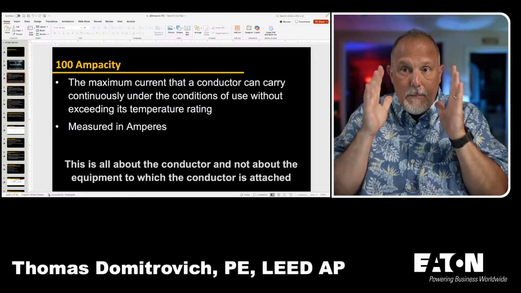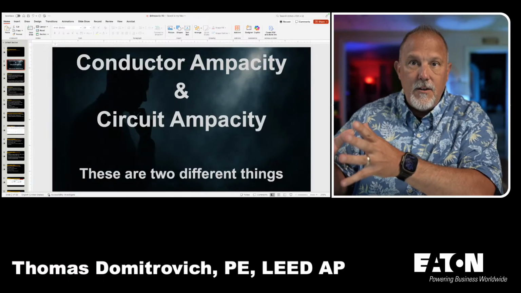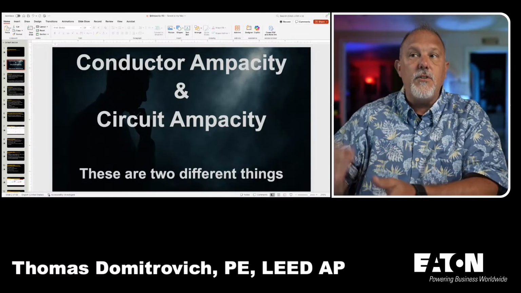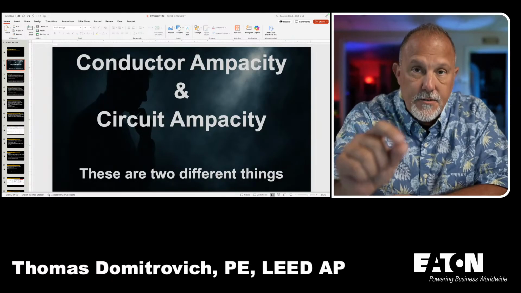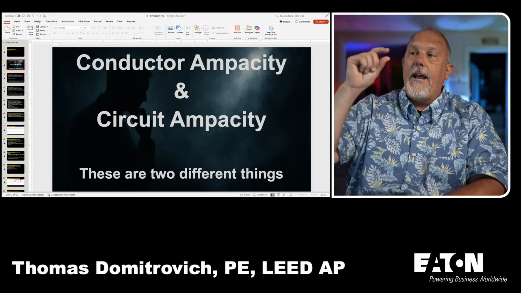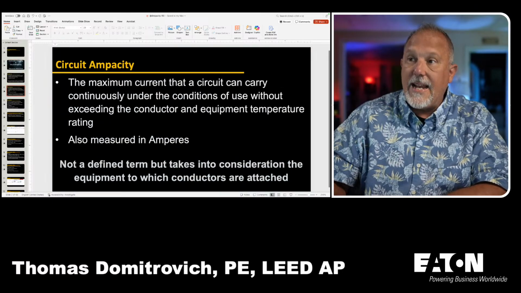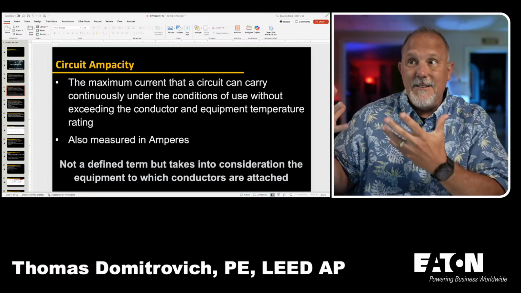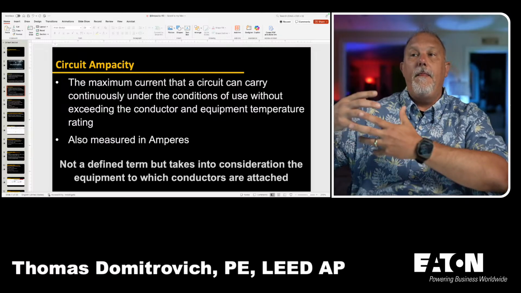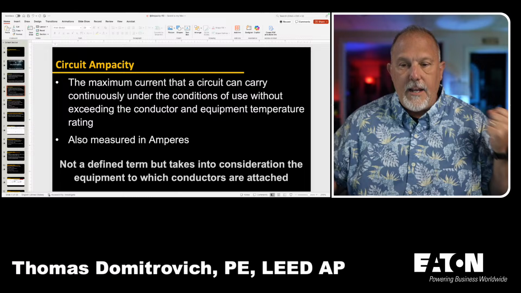So in my opinion, I've got a conductor ampacity where the conditions of use impact the conductor's damage of the insulation due to heat. And I have a circuit ampacity, which takes into consideration the equipment and the terminations that are on either end.